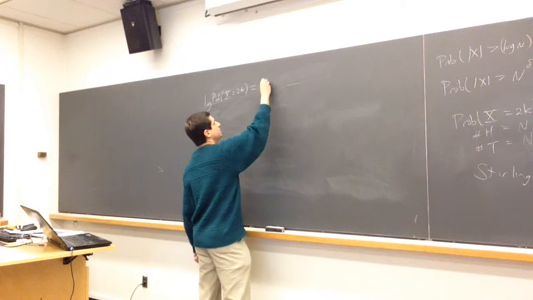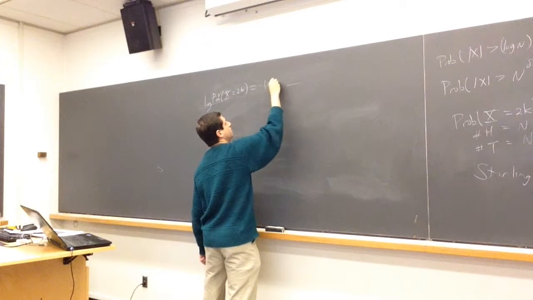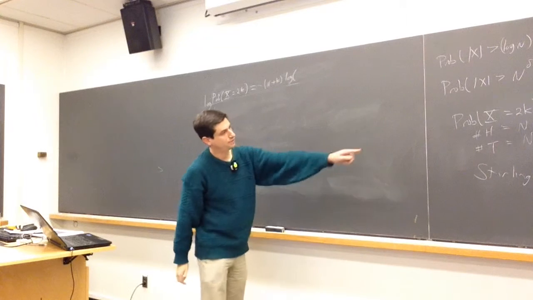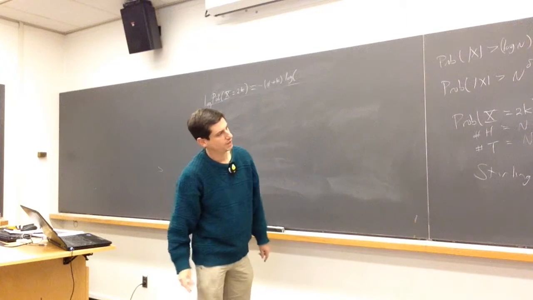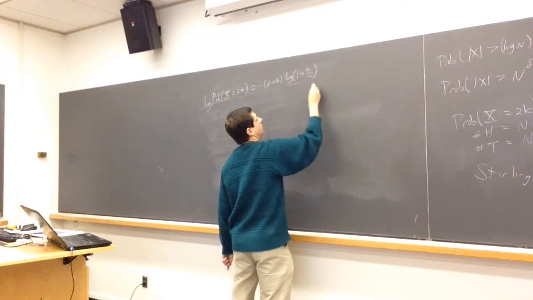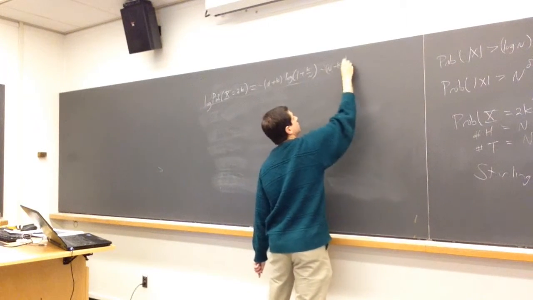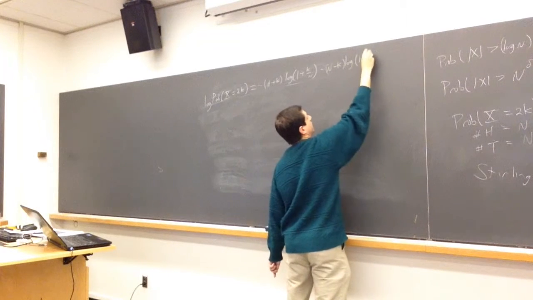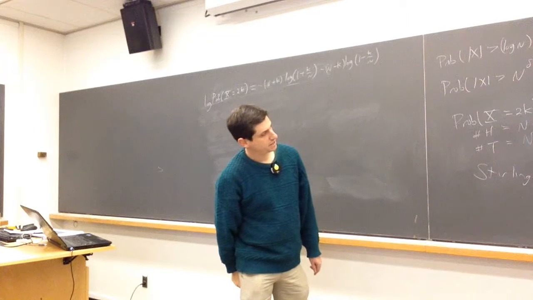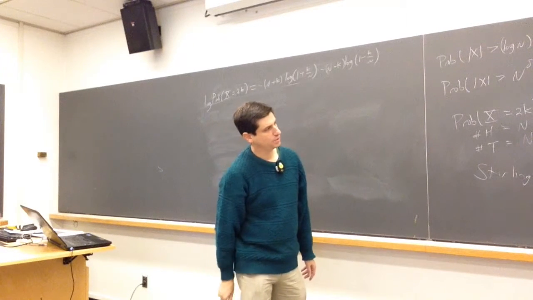We get negative n plus k, the log of 1 plus k over n. Now we have minus n minus k, the log of 1 minus k over n. And then the last part is the log of the square root of 1 over pi n.